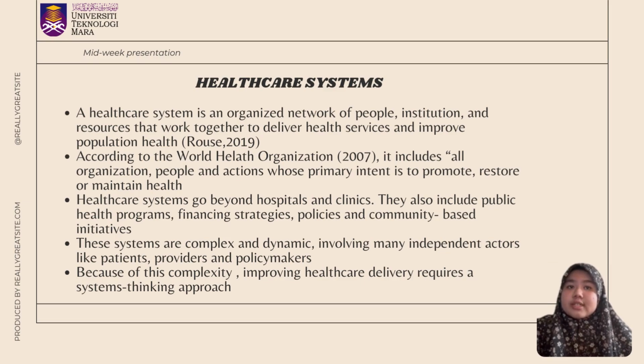For the World Health Organization 2007, it includes all organizations, people, and actions whose primary intent is to promote, restore, or maintain health. It's important to remember that healthcare systems go beyond just hospitals and clinics. They also include public health programs, financing strategies, policy, and even community-based initiatives.